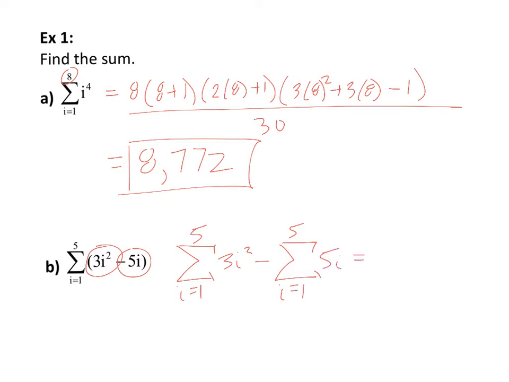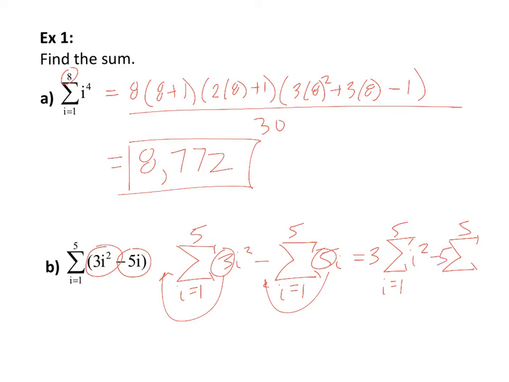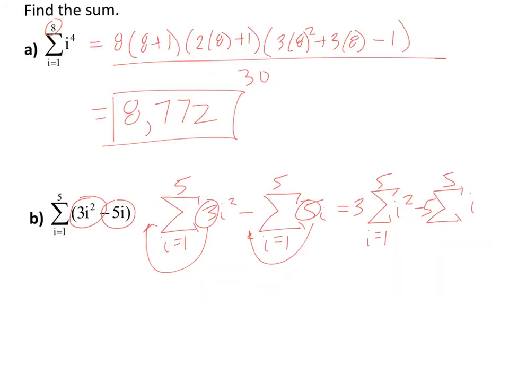All right, and I could take this constant here and pull it out to the front. So I have 3 times the sum of i squared, and then minus the sum, and I could also pull out the 5 here to the front. So I got 5, and then I have i. Okay, so that simplifies things.